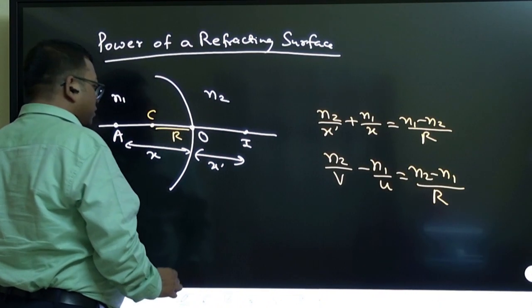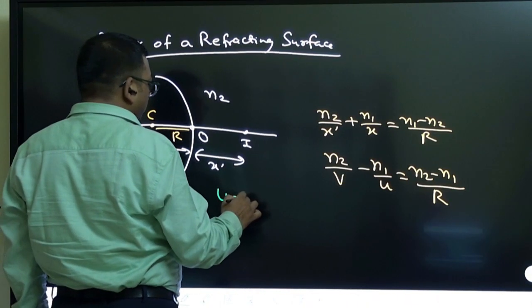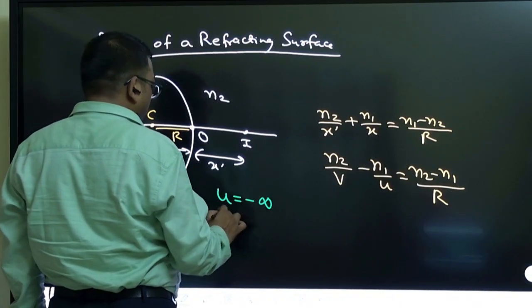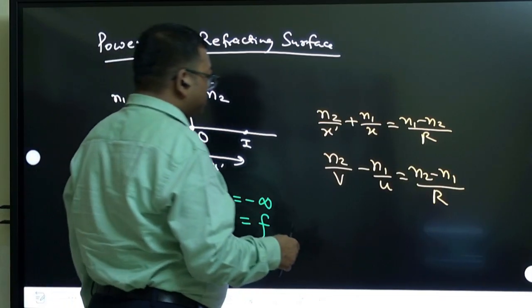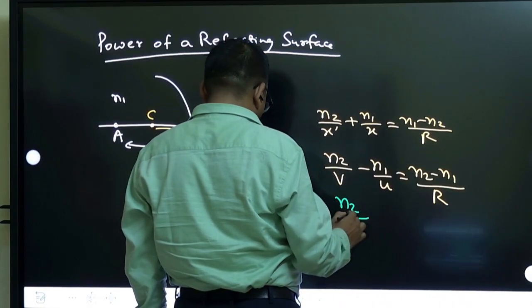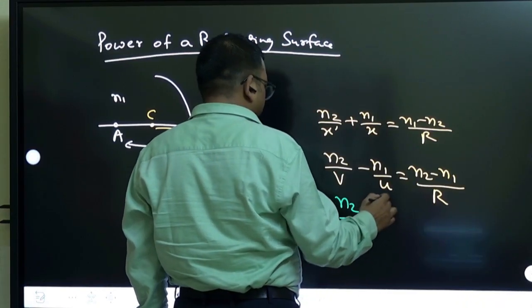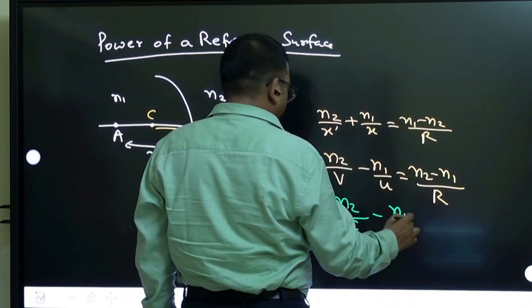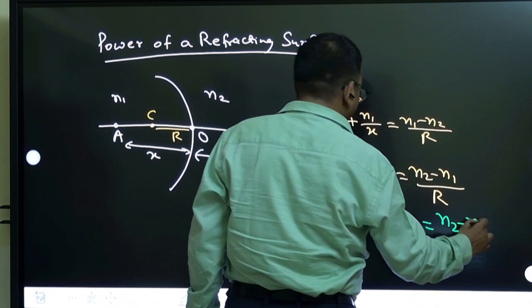Suppose I consider the focus. What does focus mean? If you keep the object at minus infinity, then the distance v is called the focus. Let us do that. So this will be n2 by v, which is focus, minus n1 by object distance minus infinity, is n2 minus n1 by r.